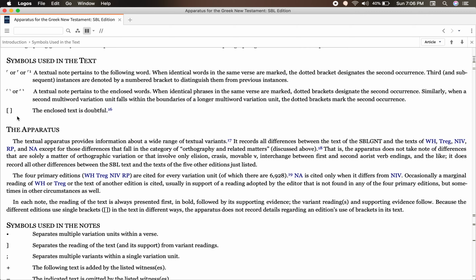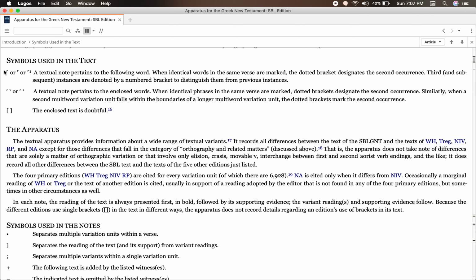But the symbols used here are very, very minimal, which is why we're using the SBLGNT critical apparatus for our first demo. Now, my hope is to start slowly here and work our way up to something a little more difficult. Eventually, I'd like to be able to do a video demonstrating how to read the Center for New Testament Textual Studies, or the CNTTS critical apparatus, which is known as the most comprehensive critical apparatus on the market today.